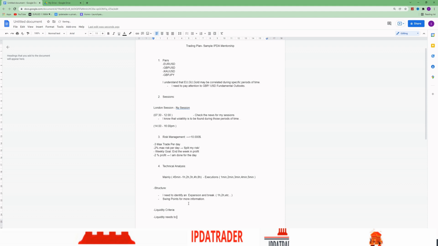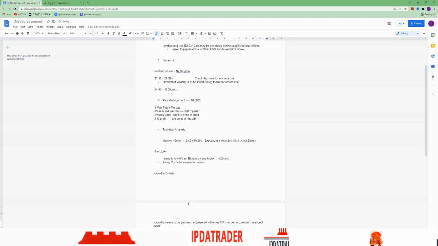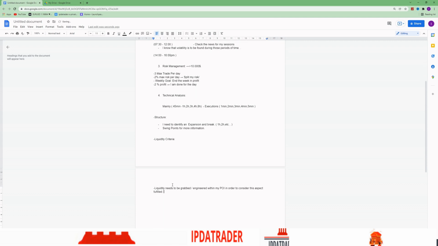Liquidity needs to be grabbed or engineered within my POI in order to consider this aspect fulfilled. So in order for me to have my liquidity criteria fulfilled, I need some sort of liquidity to be grabbed into my point of interest or engineered within my point of interest.